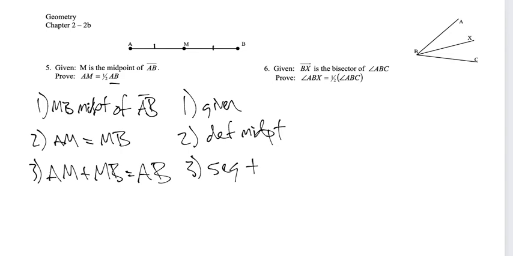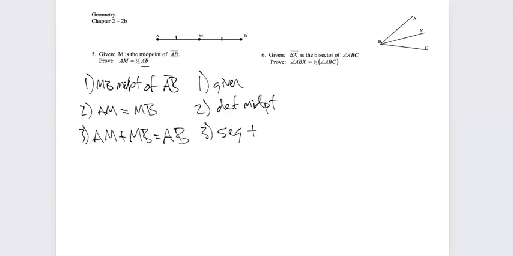Then from there, it seems like logically I should say, well, I got an MB here, an MB here. I need AM by itself, but I also have this half. All I'm going to do is substitute.